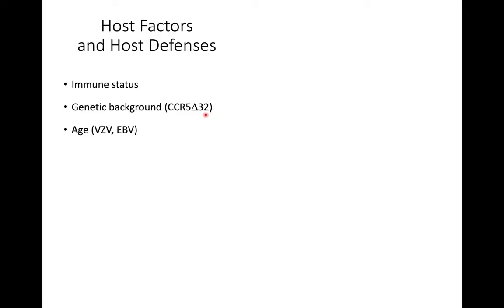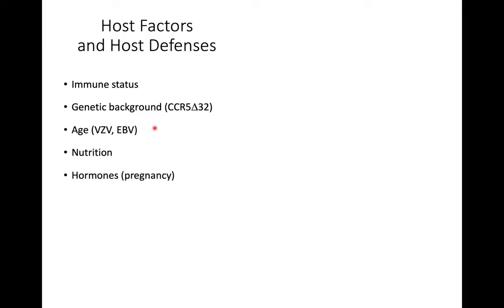Age, like with bacterial pneumonia, is really important. As a person ages, they're more likely to experience shingles, which is caused by varicella zoster virus, to experience various cancers caused by Epstein-Barr virus. And that, again, is also a matter of immune status and the weakening of the immune system as people age. Nutrition is important. We always know that people who have inadequate nutrition are more susceptible to all types of infection.